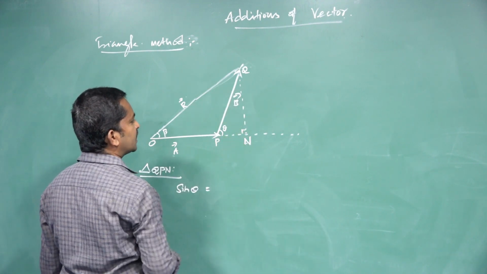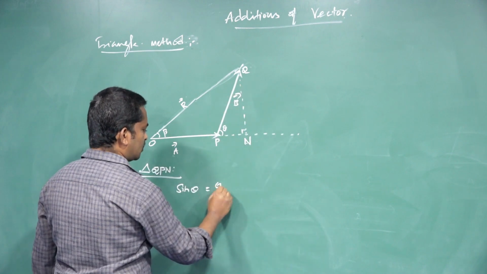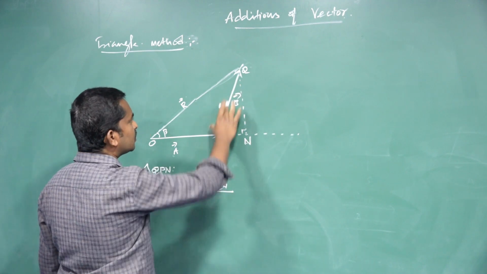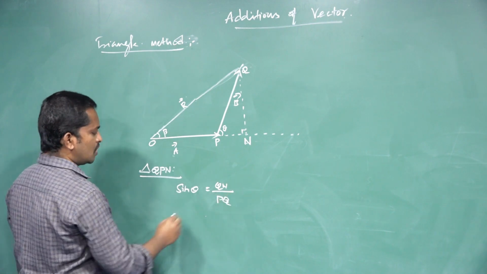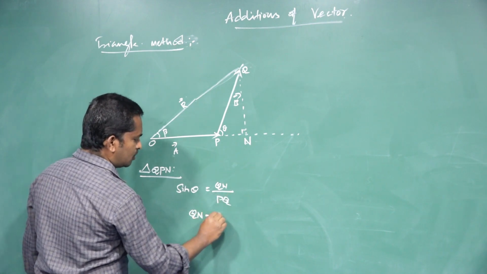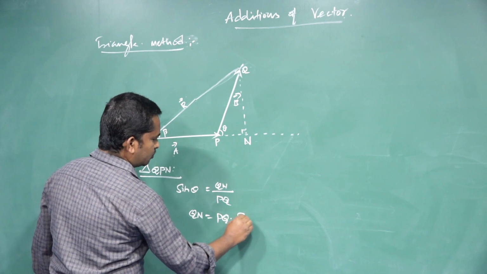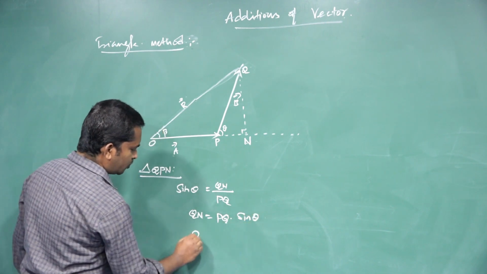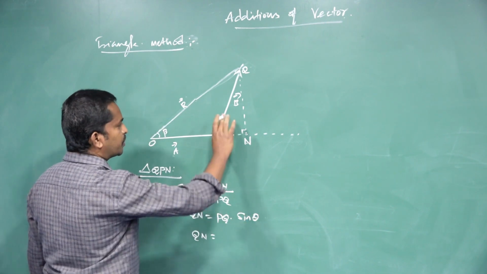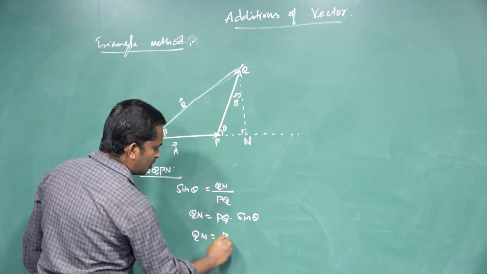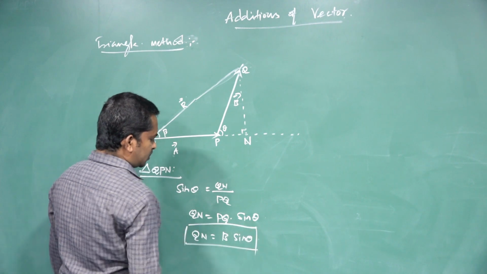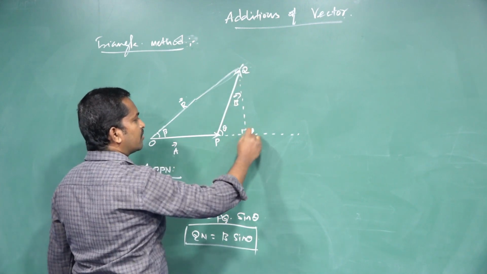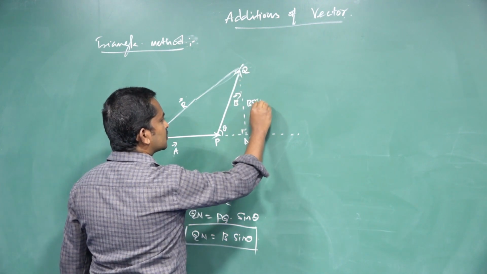What is the opposite side? QN. QN divided by PQ. So QN is equal to PQ into sin theta. Who is PQ? The B vector. So QN is equal to B sin theta.